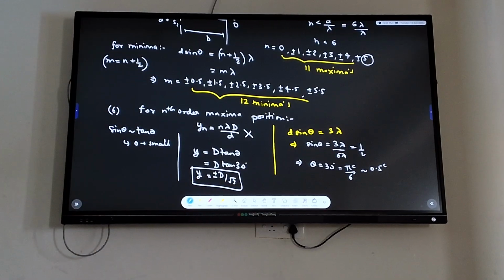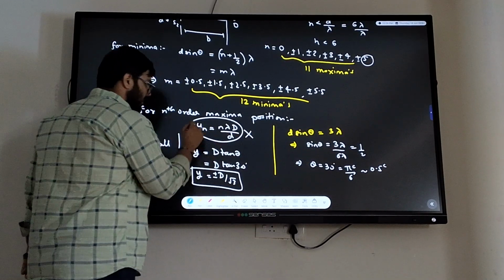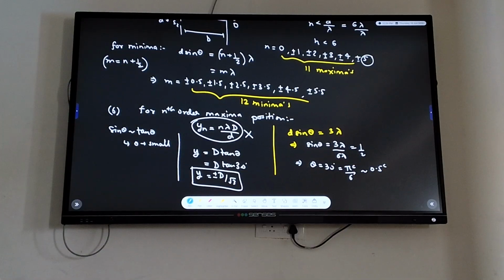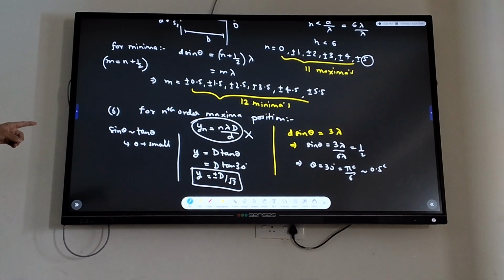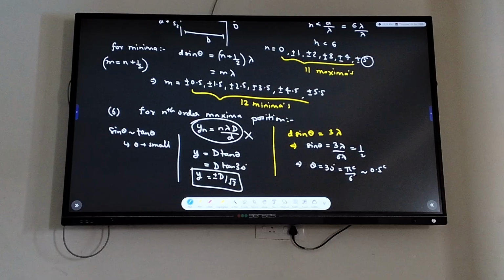Do you understand why this formula can't be applied? That's 30 degrees. That's not a small angle. Only in the small angle approximation can I use that formula. If you were to use that formula, you would get plus or minus D by 2, but that's not correct.